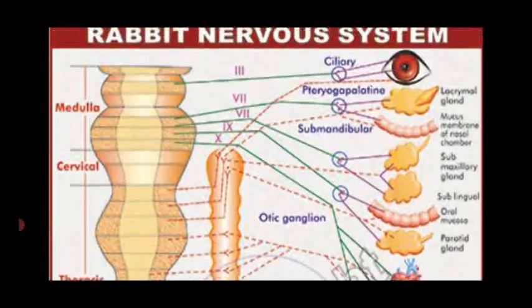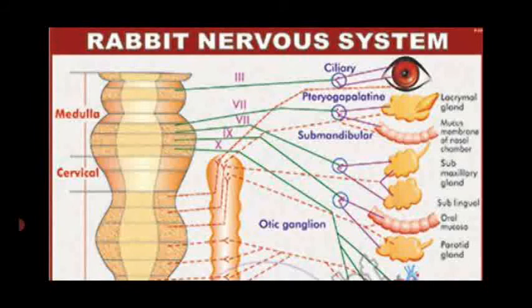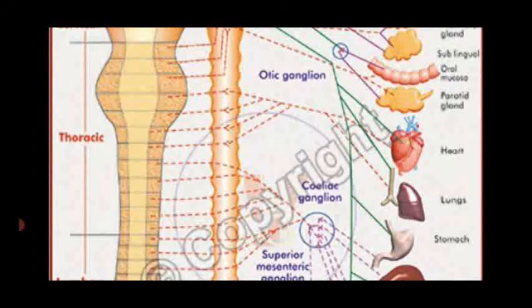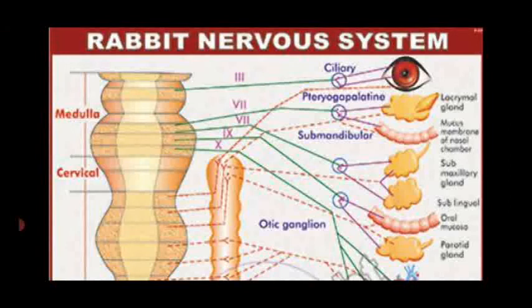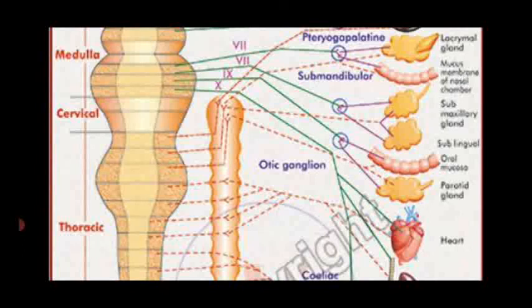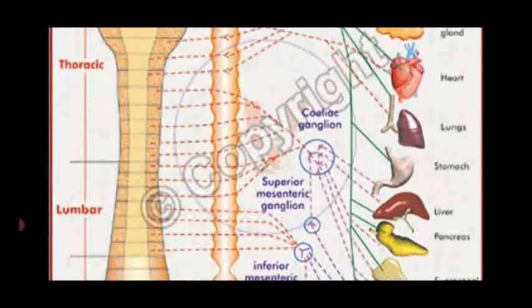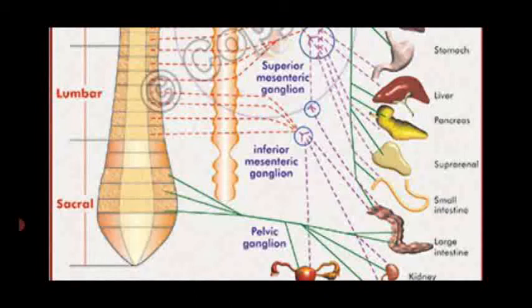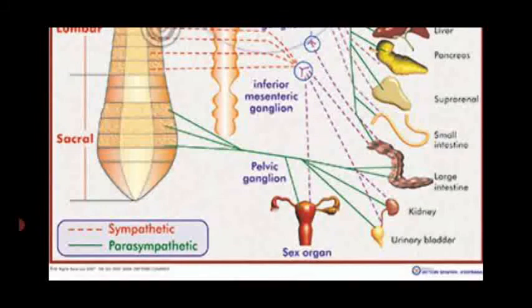They also show the different nerves which connect to the different organs responsible for specific functions: eye, lacrimal gland, nasal chamber, that is mucous membrane of nasal chamber, submaxillary gland, sublingual, oral mucosa, parotid gland, heart, lung, stomach, liver, pancreas, suprarenal, small intestine, large intestine, kidney, sex organ, urinary bladder.